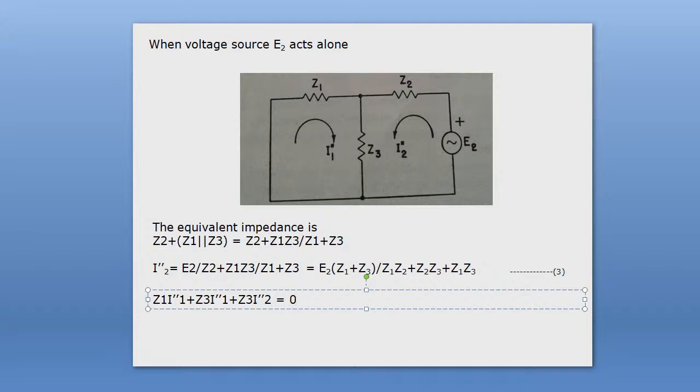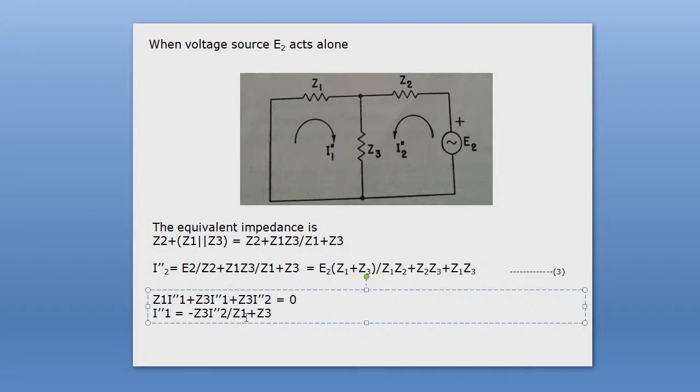There is no supply voltage associated with this loop. You know the value of I2, so you just write I1 in terms of I2: I1 equals minus Z3 I2 divided by Z1 plus Z3.